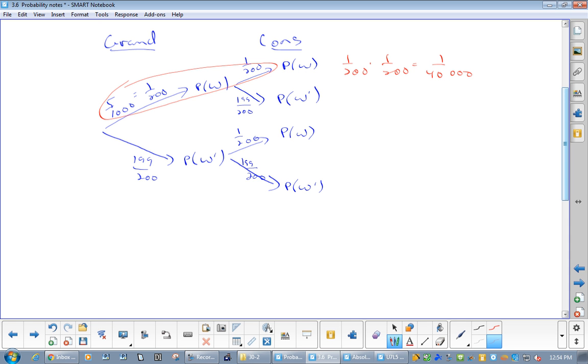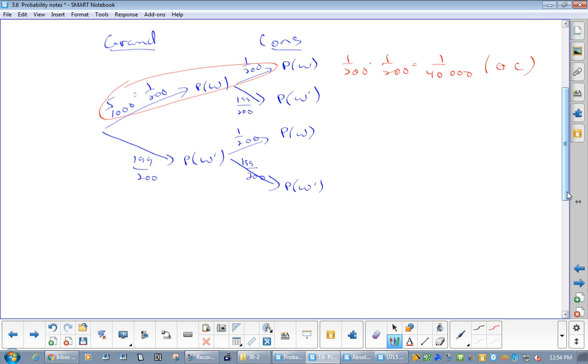Okay, now what's the probability of winning grand and consolation? That is one lucky day. So you have a 1 out of 40,000 chance of winning both.